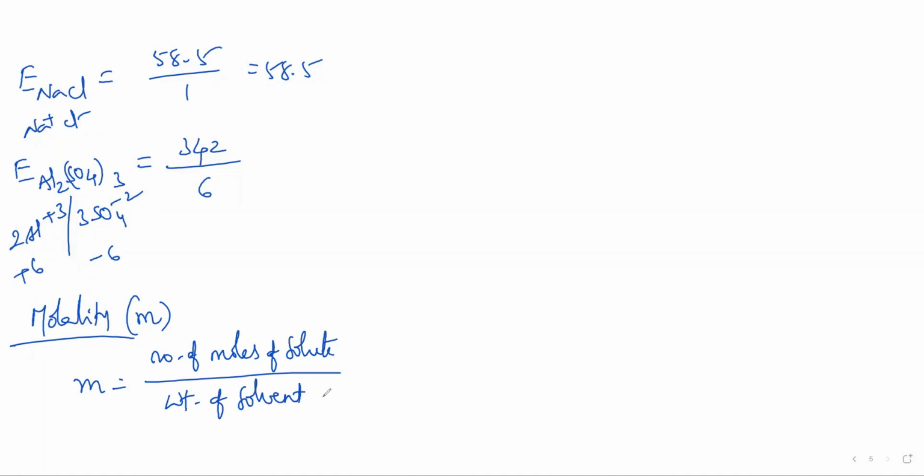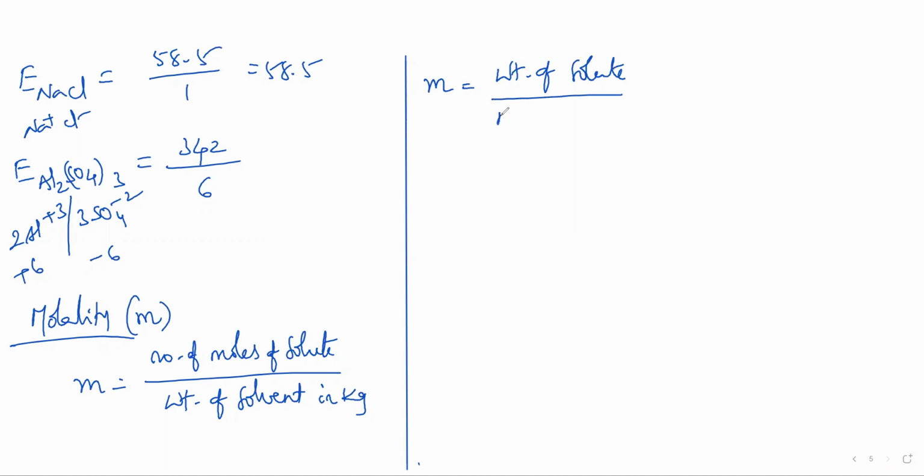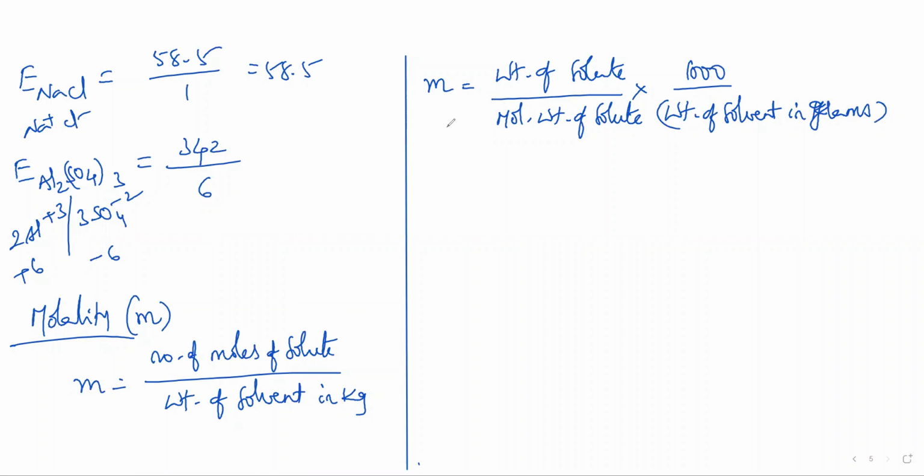It is not solution, it is solvent. Then the full form of molality: weight of solute by molecular weight of solute into 1000 by weight of solvent in grams. So this is the formula for molality.